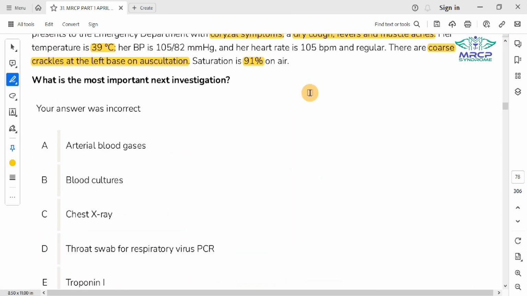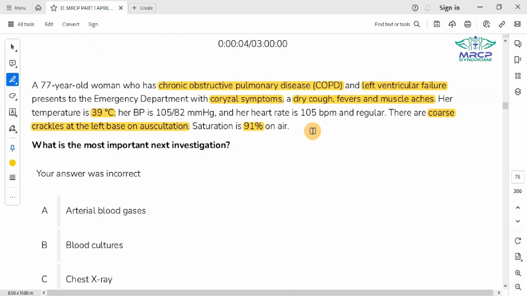So what is the most important next investigation? Arterial blood gases, blood cultures, chest X-ray, throat swab for respiratory virus PCR, and troponin I. A 77-year-old woman who has chronic obstructive pulmonary disease and left ventricular failure presents to the emergency department with coryzal symptoms, dry cough, fever, and muscle ache.